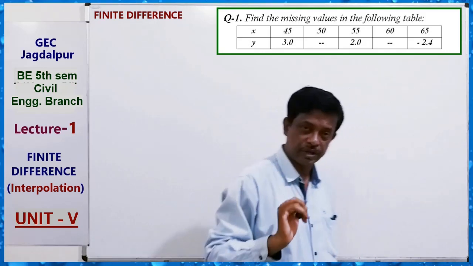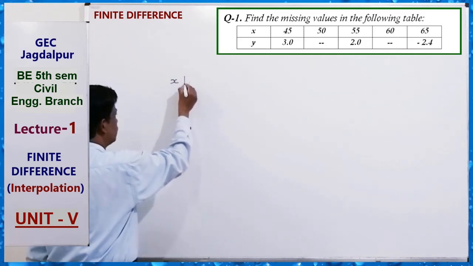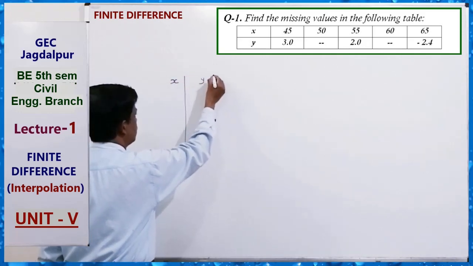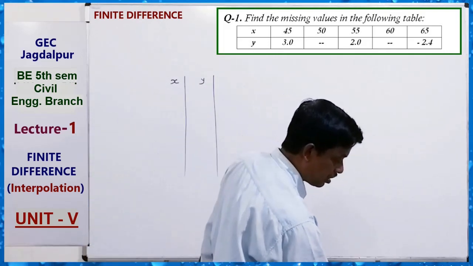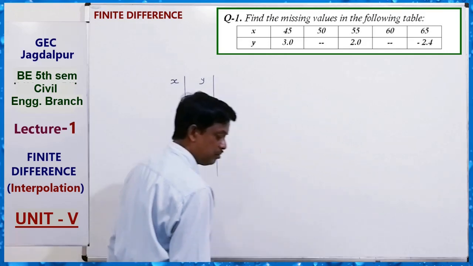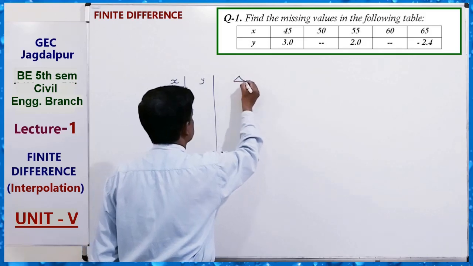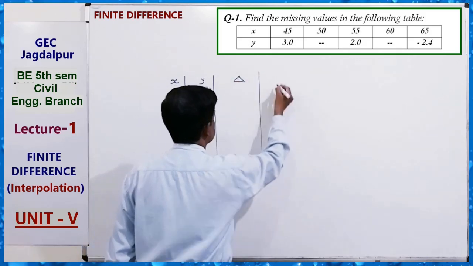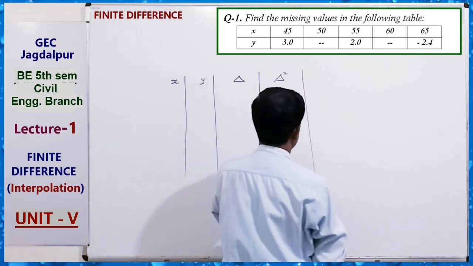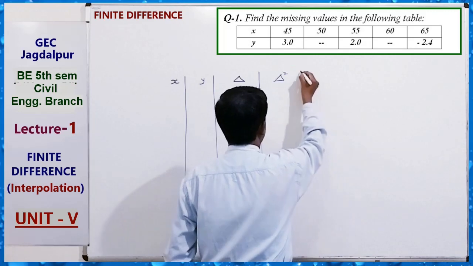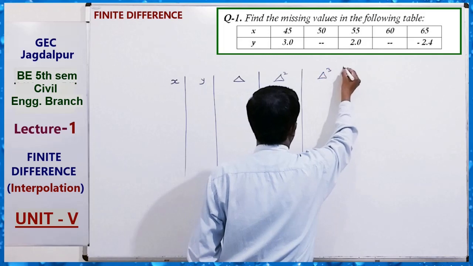Two. Okay, so here write the value of x, value of y. Clear? So here how many arguments are there? Five. So take the first difference, second difference, and third difference.